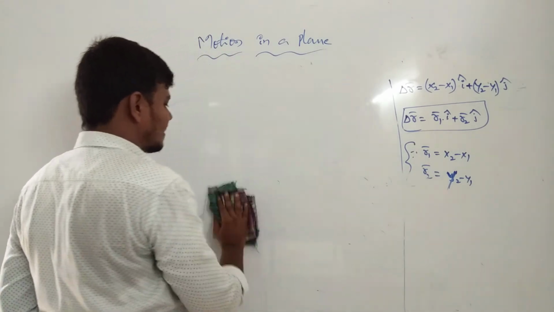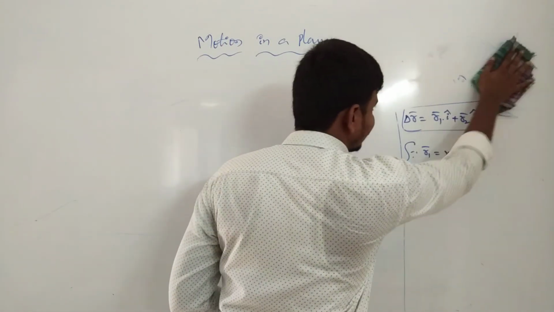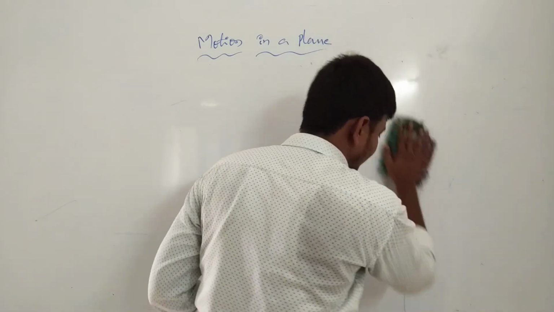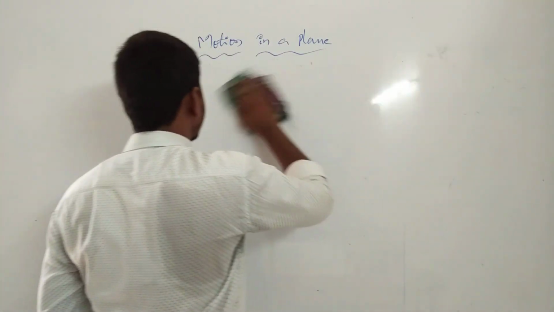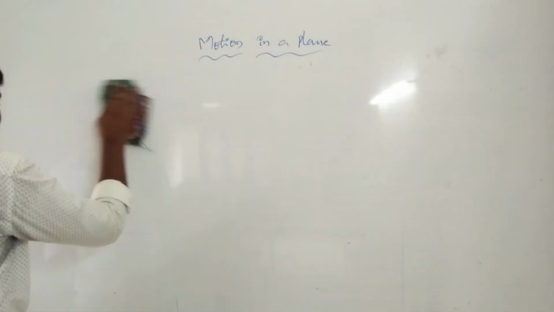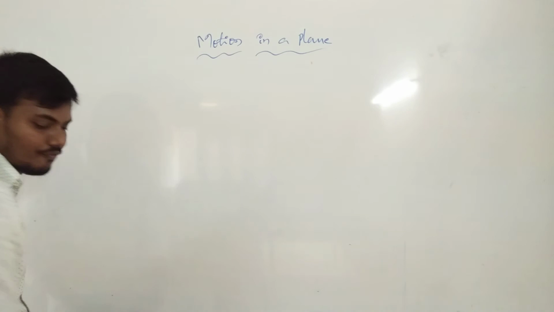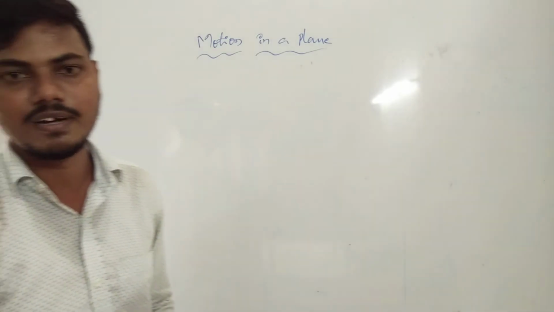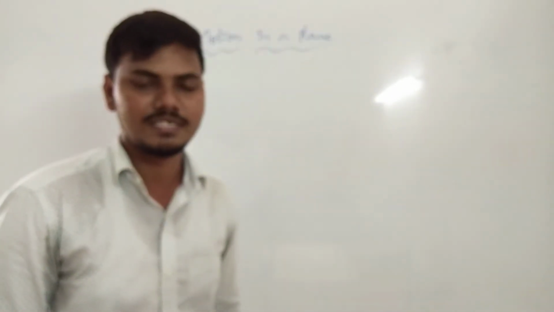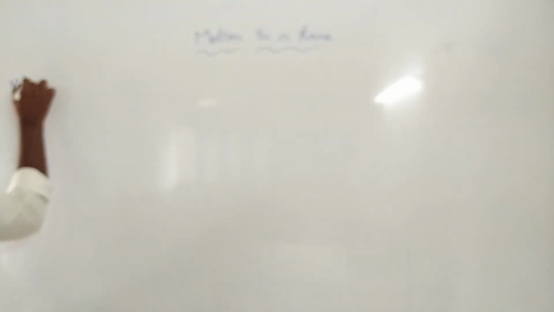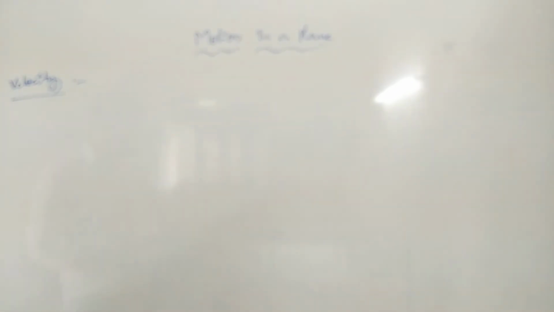Now what is the definition of velocity? Velocity means the rate of change of displacement is known as velocity. The rate of change of displacement is known as velocity. Which will be denoted by V. Units are meter per second. Now this is the velocity. Right here we are introducing velocity.